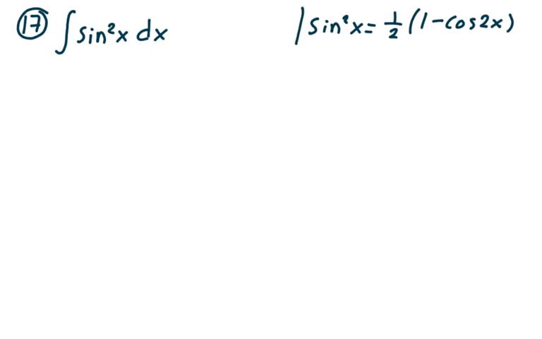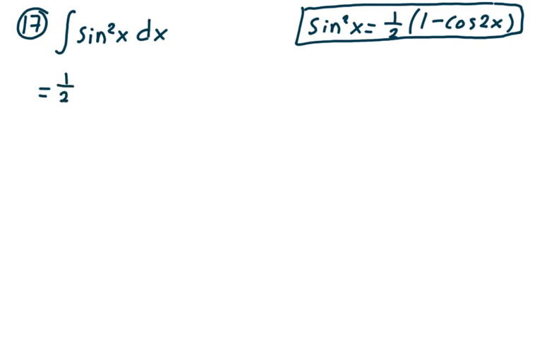It's a very useful identity, especially when we want to integrate something. So I'm going to make that substitution. So I get 1/2 the integral of 1 minus cosine 2x dx.